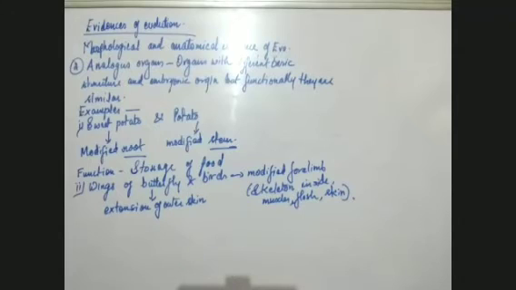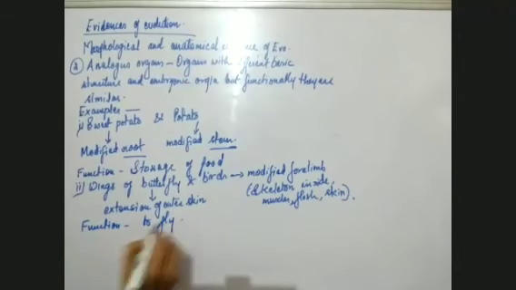But the function is the same, and that similar function is to fly. Both of these help in flight. Butterfly also flies by its wings, and birds also fly by their wings.